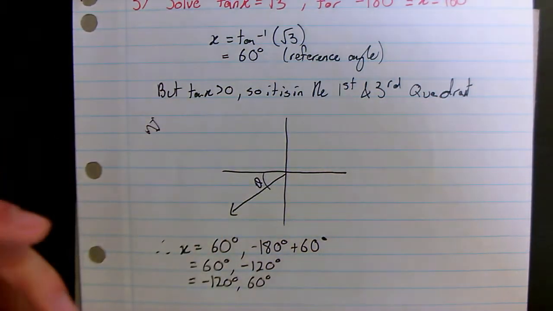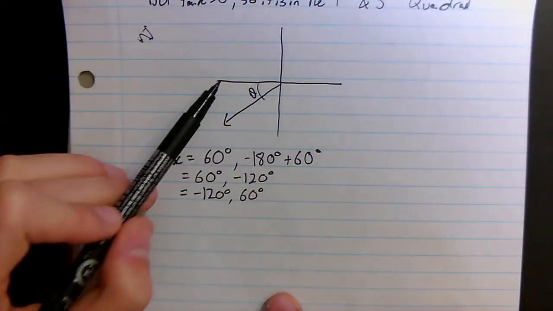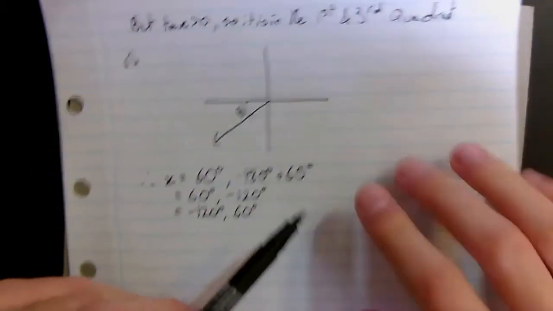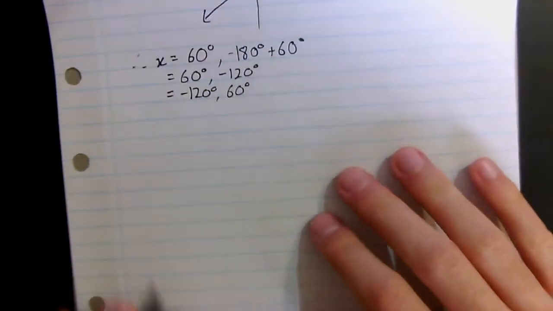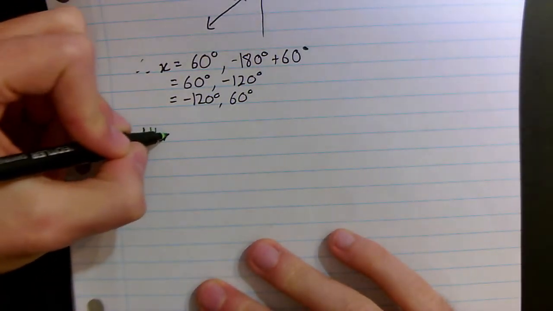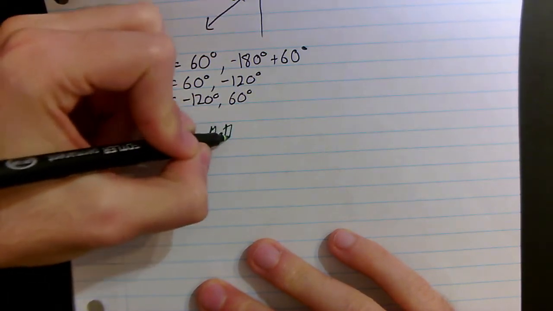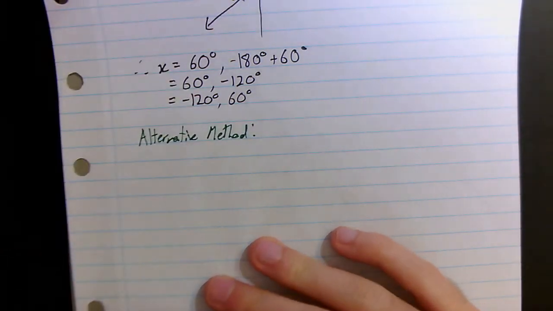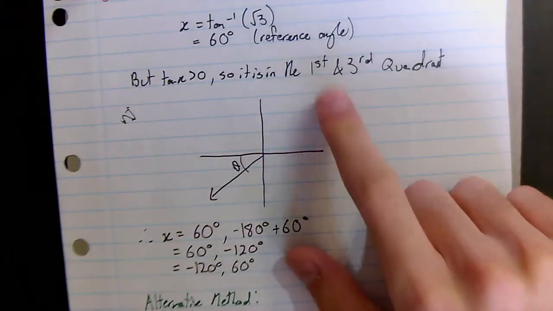Okay. An alternative method, if you were struggling to understand how this is minus 180 plus theta, is to solve it normally as you would from 0 to 360. Maybe I'll indicate here, alternative. So an alternative method that we can use is, well, we know it's in the first and third quadrant.